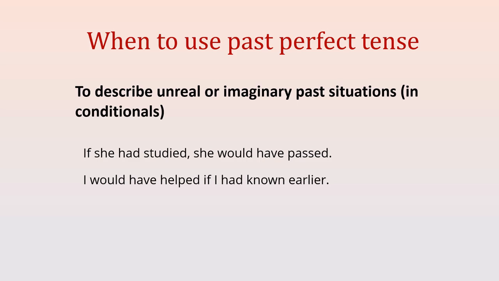I would have helped if I had known earlier. It is again our imagination. I would have helped if I had known earlier. So these are imaginary situations, not the real ones. When we have to give such situations, we will use the past perfect tense.